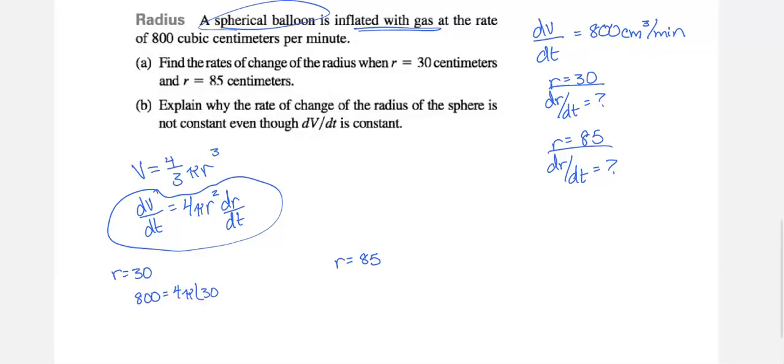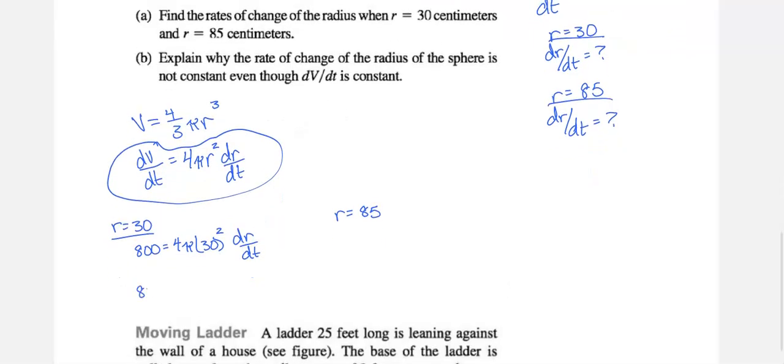The radius at this moment is 30, and we're looking for dr over dt. So we're going to have 800 divided by 4 times pi times 30 squared, and that's going to be my dr over dt.